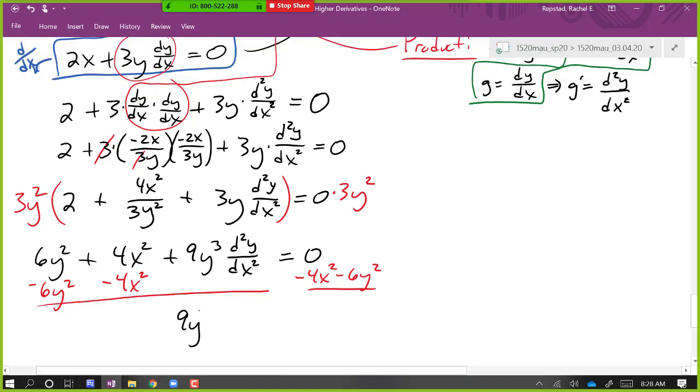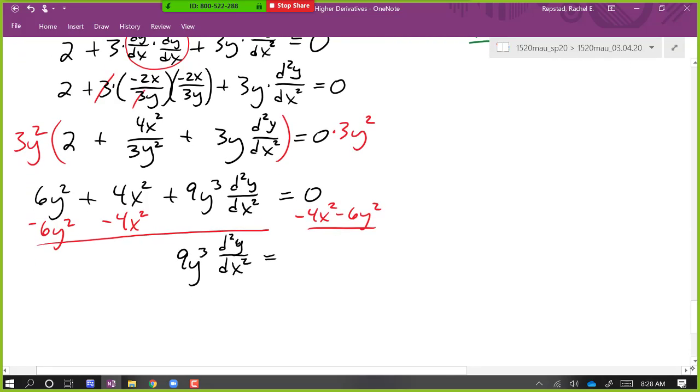So we have 9y cubed times the second derivative is equal to negative 4x squared minus 6y squared. And the only thing left to do is to divide by 9y cubed.